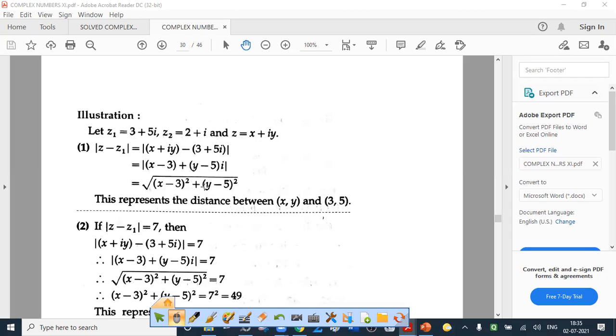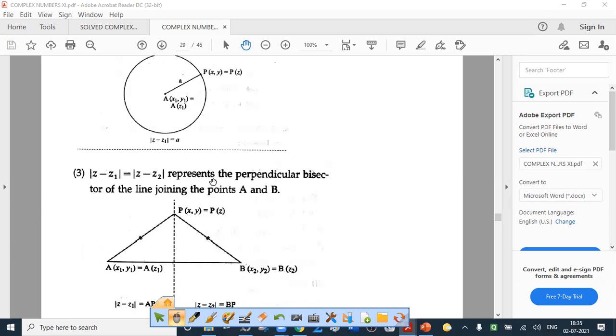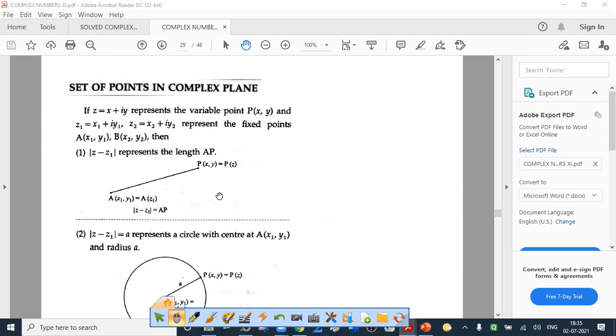Note that this represents the distance between which points? (x, y) and (3, 5). You have already done the distance formula. Is that clear? So this is about set of points in complex plane.